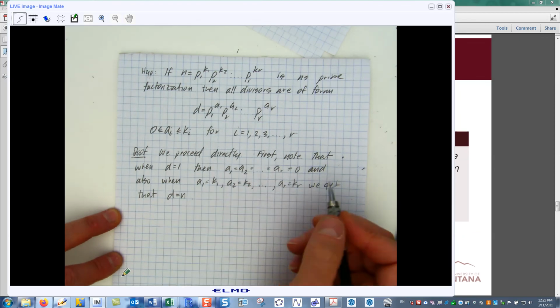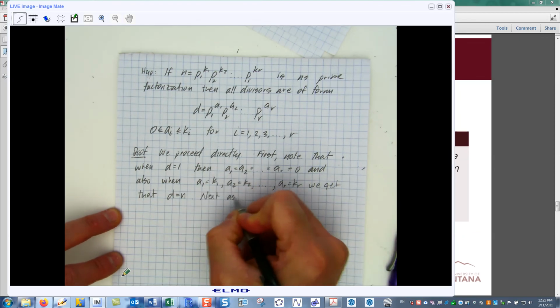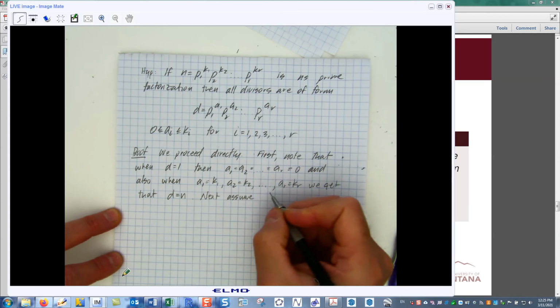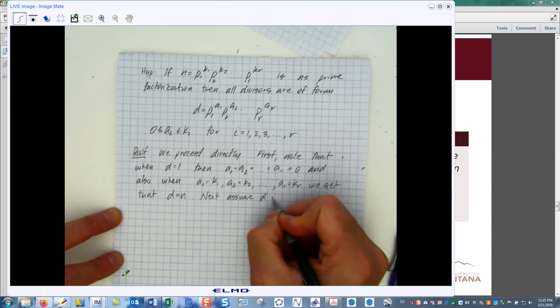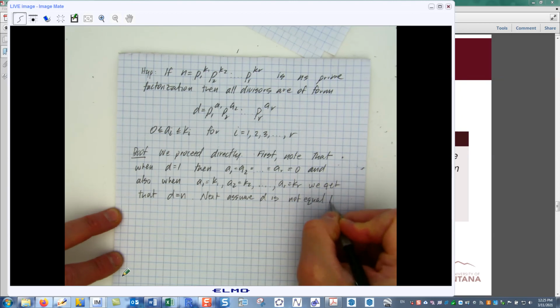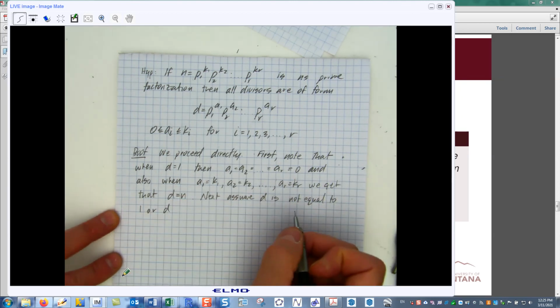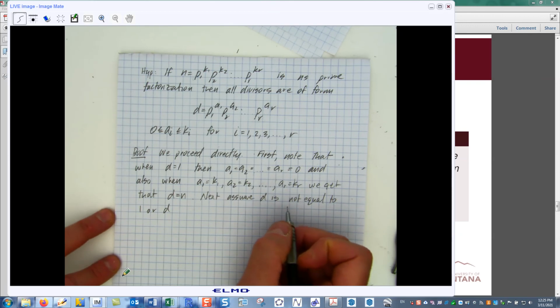So the next thing we do is look at everything in between. Next, assume d is not equal to 1 or n. Sometimes this is called a non-trivial divisor.